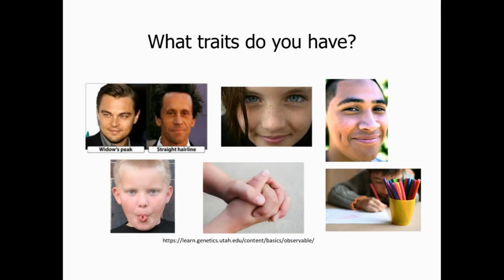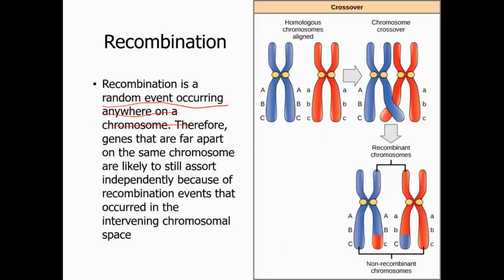Here, just for fun, you can look at what traits you have, and usually these traits can still be considered dominant and recessive. But when you look at the ratios in the population, they don't strictly follow 3 to 1, and that's really because of some of the things we have mentioned.